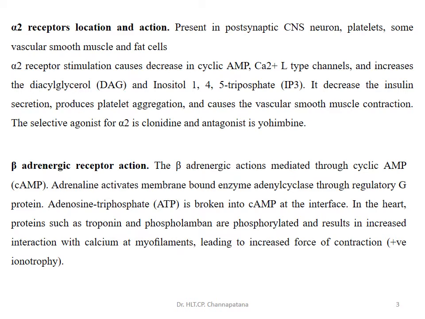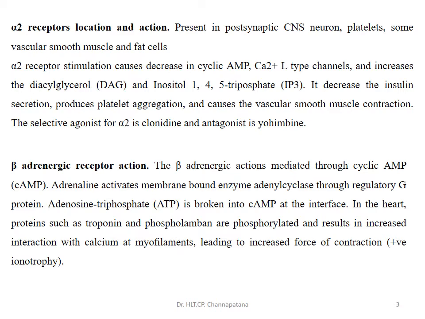It decreases insulin secretion, meaning it causes hyperglycemia, and produces platelet aggregation, and also causes vascular smooth muscle contraction.